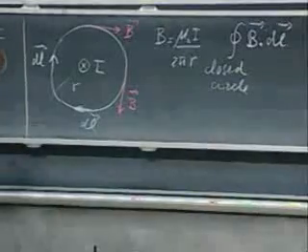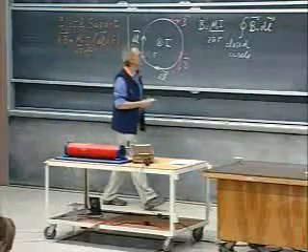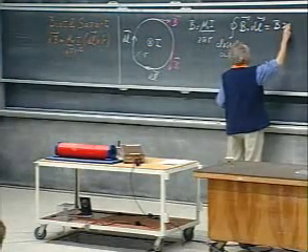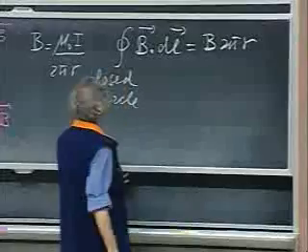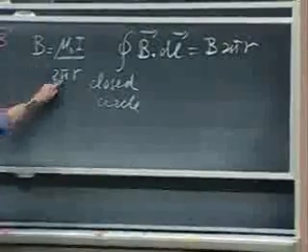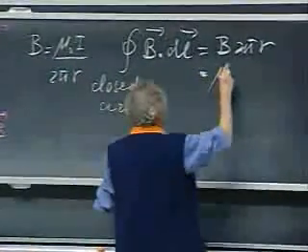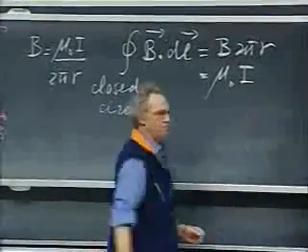But B and dl are in exactly the same direction everywhere, so you would find that this is obviously B times 2 pi r. But B times 2 pi r equals also mu0 times I.